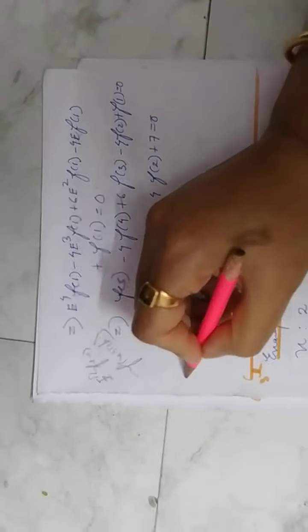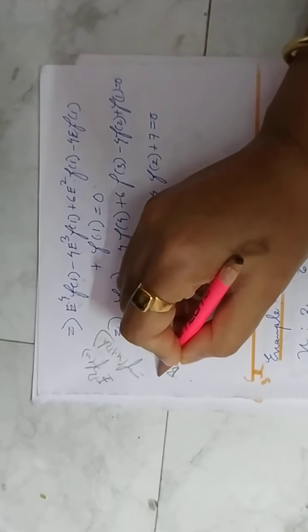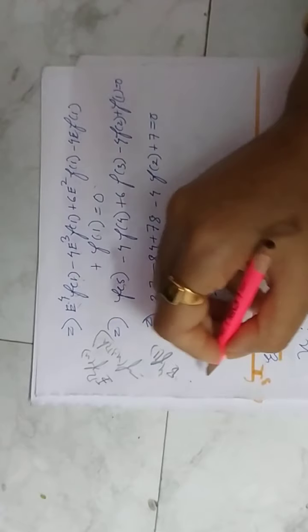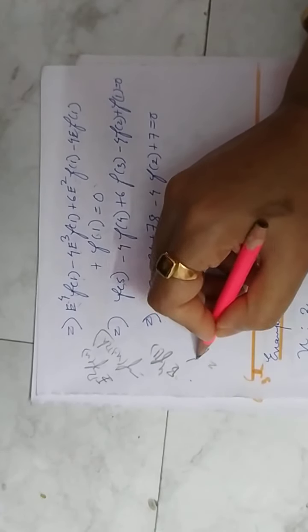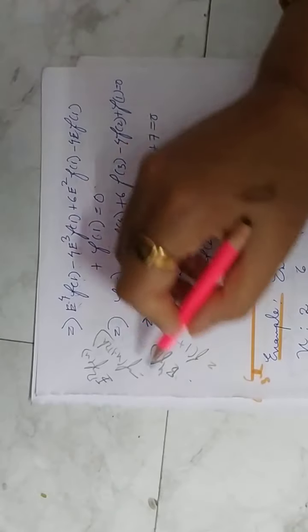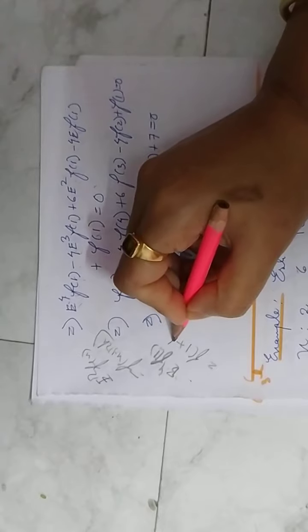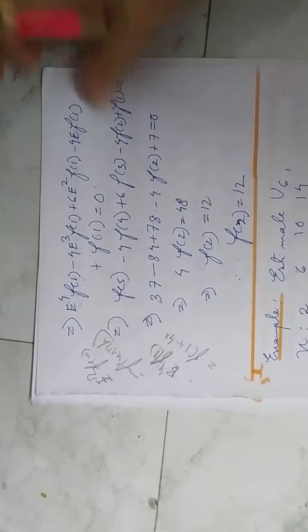For E to the power 4 f of 1, how can we write it? f of x, what is the value of x here? 1. rh, what is the value of r? That is the power of E, that is 4. What is h?